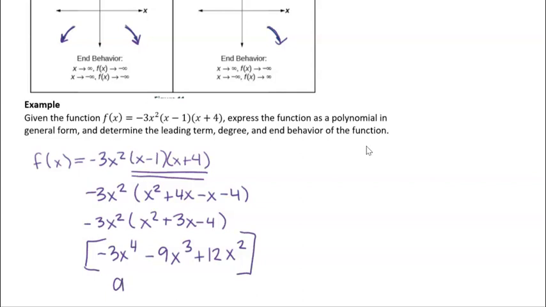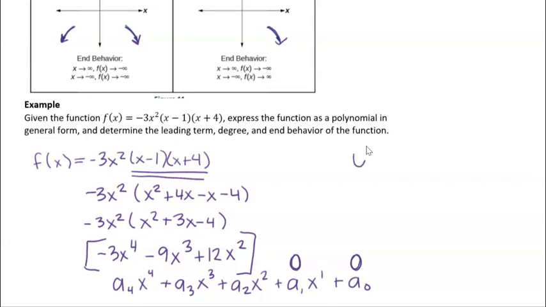It's in that form a 4x to the 4th, a 3x to the 3, a 2x to the 2. And then down here, notice I do not have these last two terms. Well, that just means that these two coefficients must be 0.